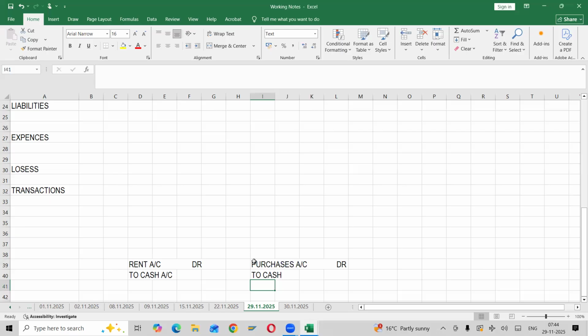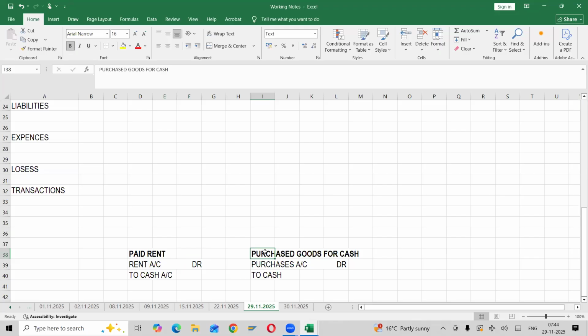Quickly, I need responses, from the people who are from a commerce background. We purchase goods in cash. Even rent we pay in cash. So if I say paid rent, purchased goods for cash, how many people understood the first one when I said paid rent and purchased goods for cash?